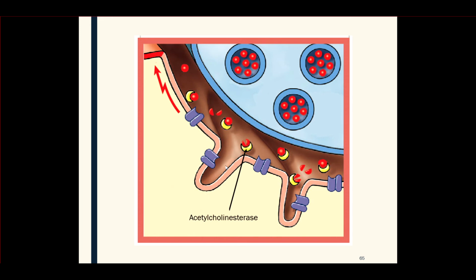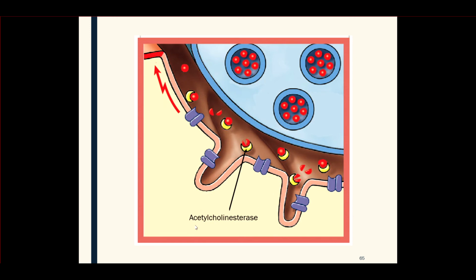So let's just say the neuron has stopped firing. We don't want this muscle to contract anymore. What we need to do is get rid of any acetylcholine that's in the synapse. As long as acetylcholine is in the synapse, it's going to stimulate these receptors to move sodium and potassium. So we've got to get rid of that acetylcholine. These crescent-shaped structures here represent enzymes that actually degrade the acetylcholine.